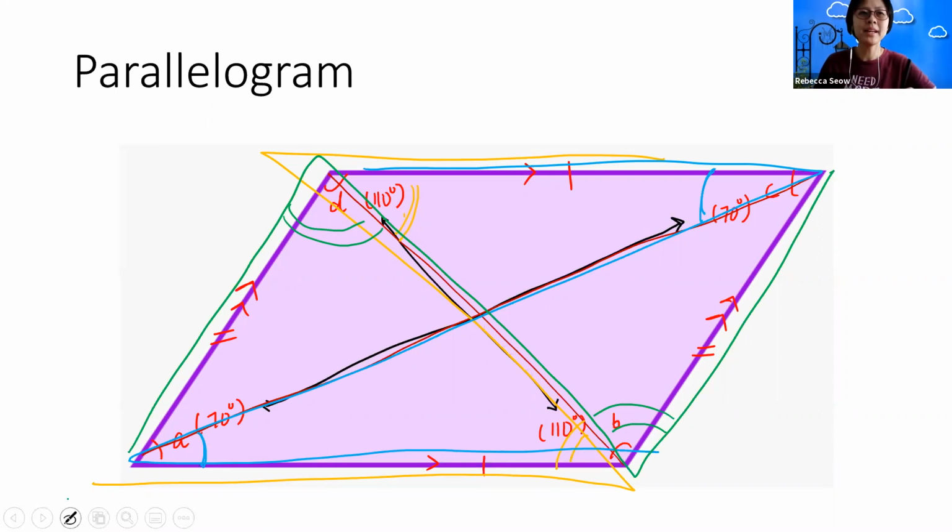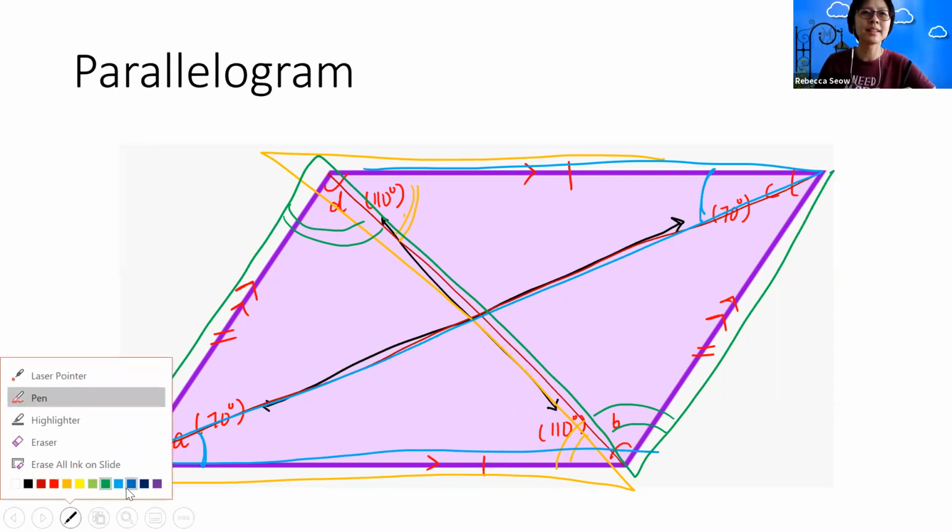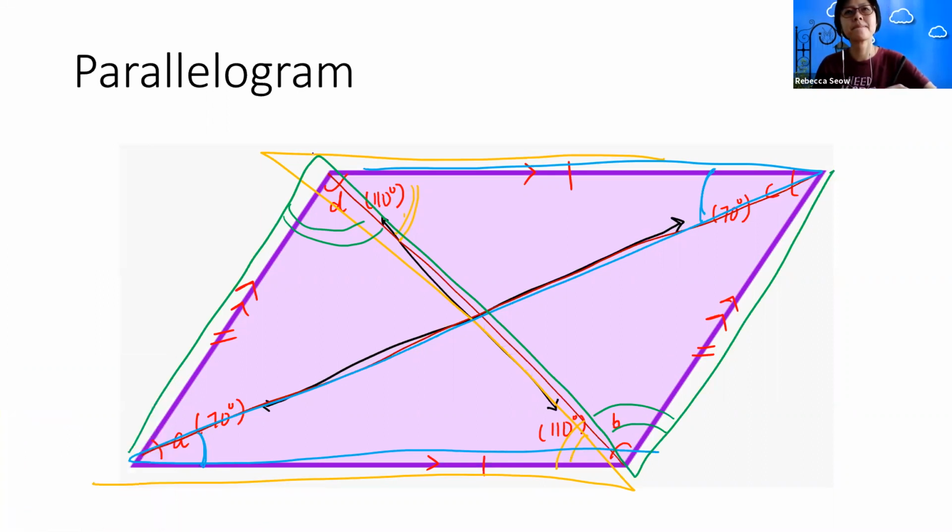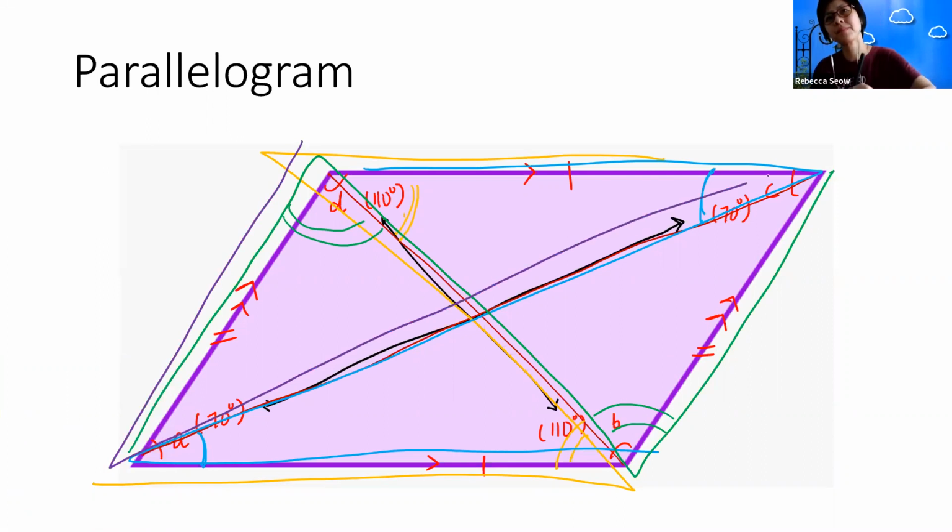And one more pair of alternate angles. This angle over here being the same as the other angle. Okay, so with this, we end off parallelogram.